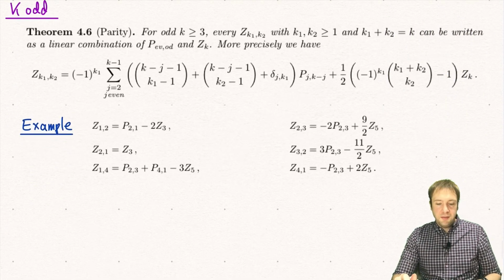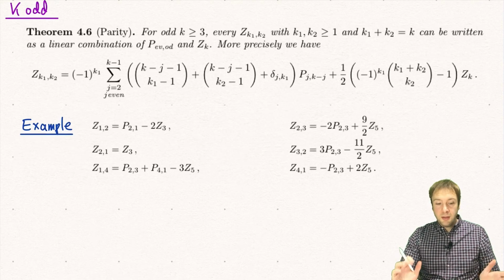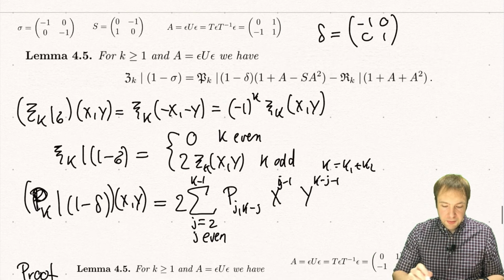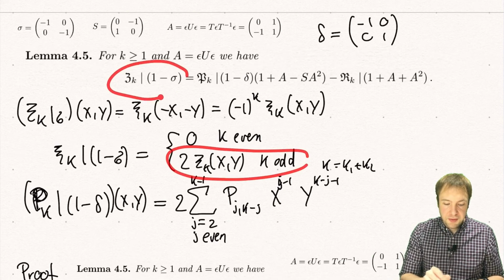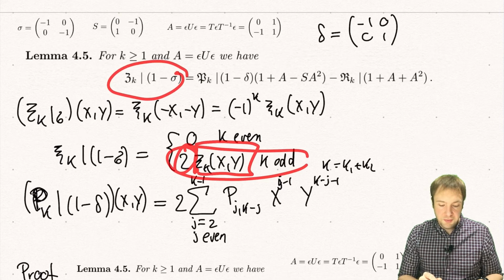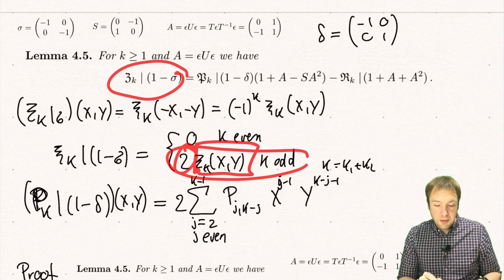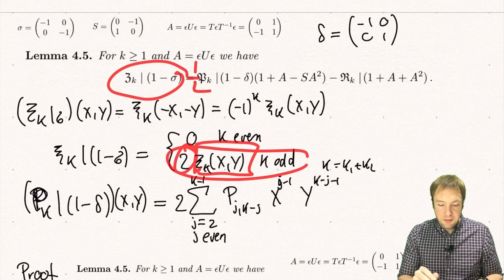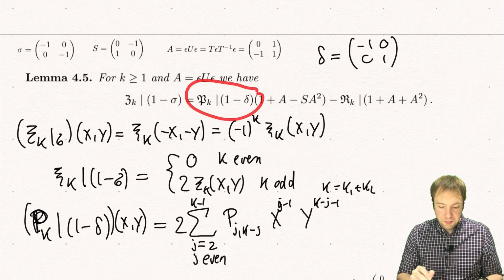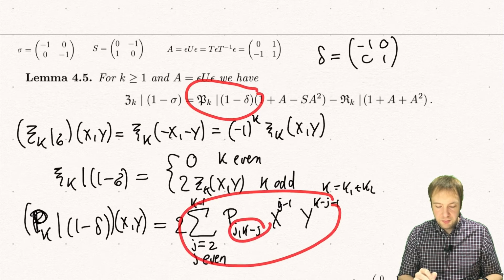So as I said, if k is odd, the left-hand side in the lemma is just 2 times the generating series of these zk1, k2, and then we can divide here by 2, and we can also see that this part here is 2 times these products with the first entry even.